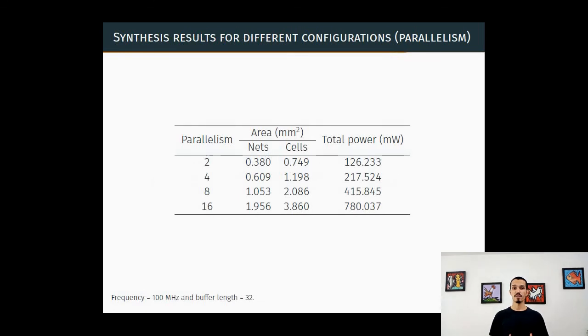Since our hardware is parameterizable, we now investigate the synthesis results for a range of values of each parameter. We synthesize through a 980 nanometers technology. Here we see, for example, that when we double the parallelism level of the hardware, the total power is almost doubled. This doesn't happen with the area, but the area is also greatly increased.